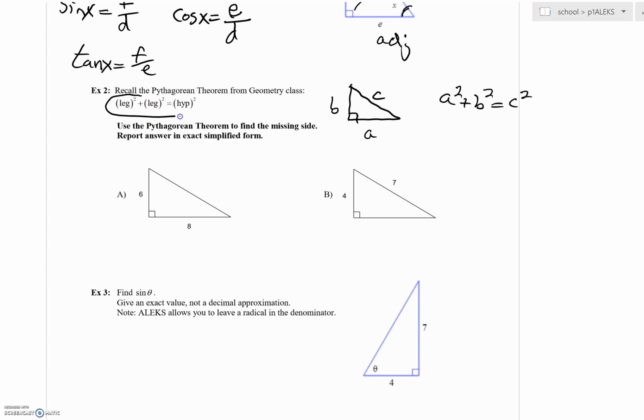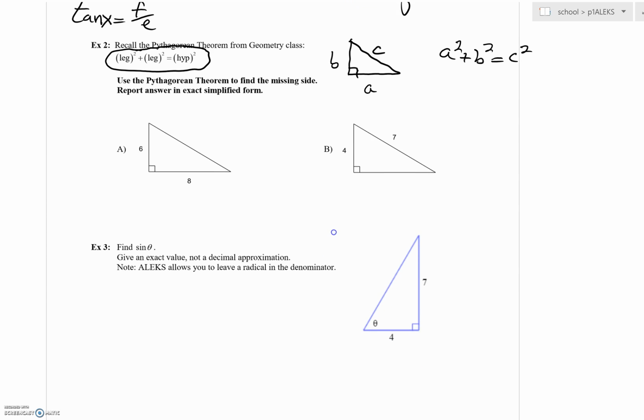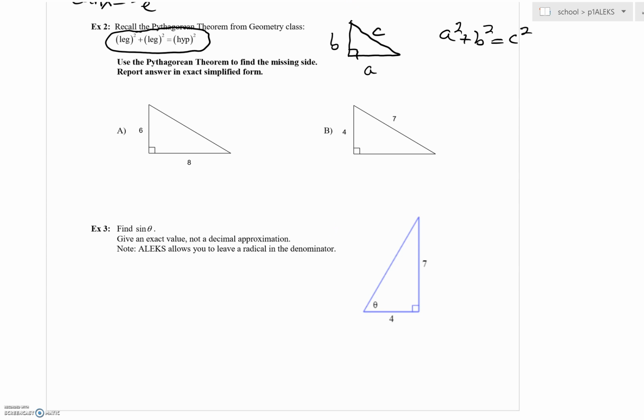But what the notes say is even more accurate: the leg squared plus the leg squared would equal the hypotenuse squared. For this next problem, you're going to be finding a missing side. I'm going to temporarily put in a variable, and you're going to have to get an answer either as an integer or as a radical.